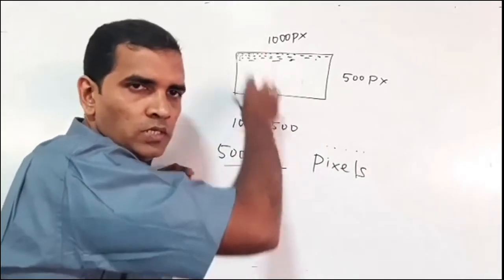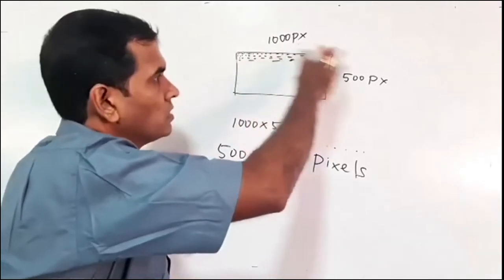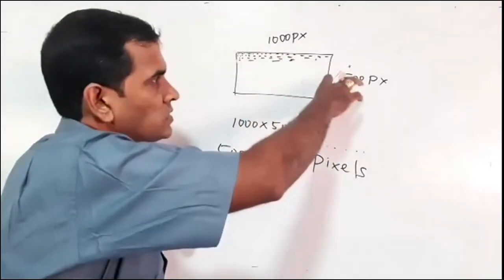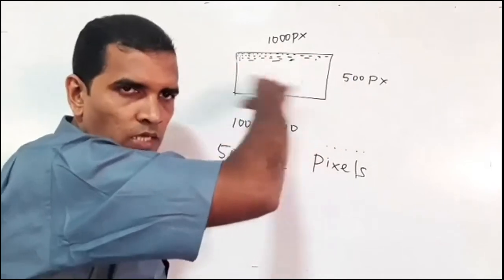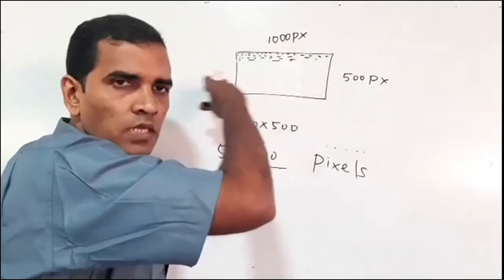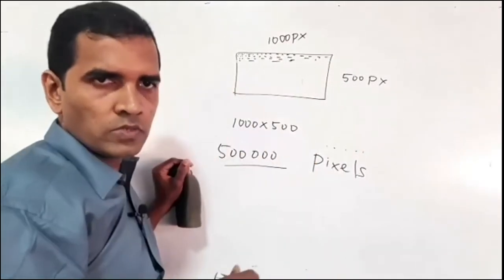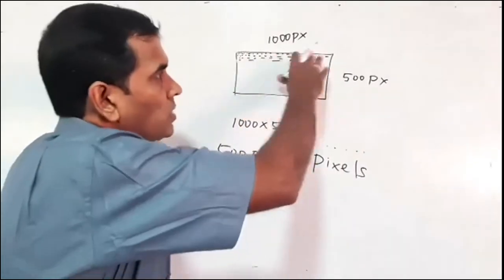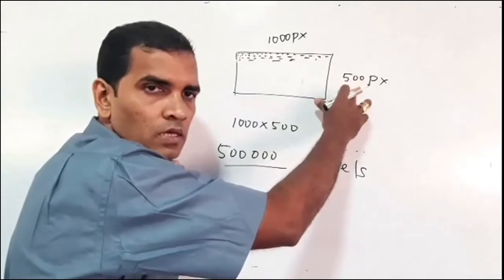A digital picture or digital image is made of small dots called pixels. Pixels are arranged vertically and horizontally. So here 1,000 pixel width means in a particular row, you have 1,000 dots. How many rows are there? You have to find the height there.